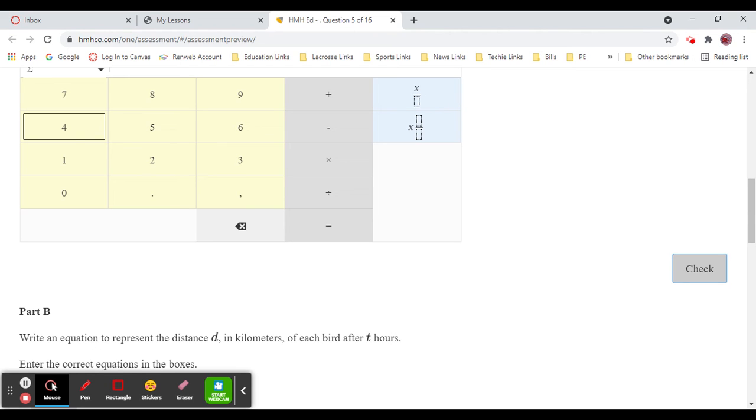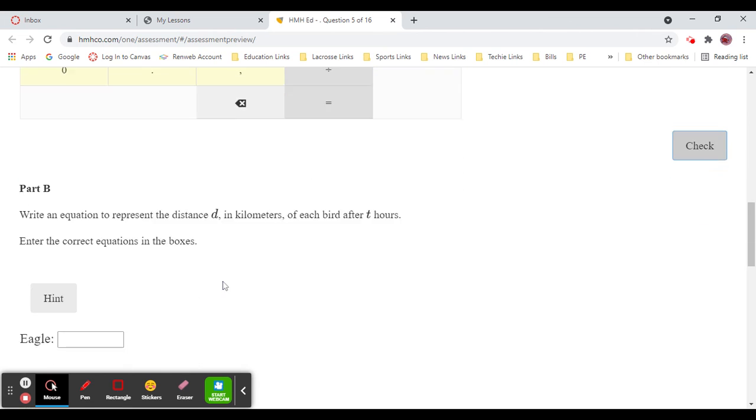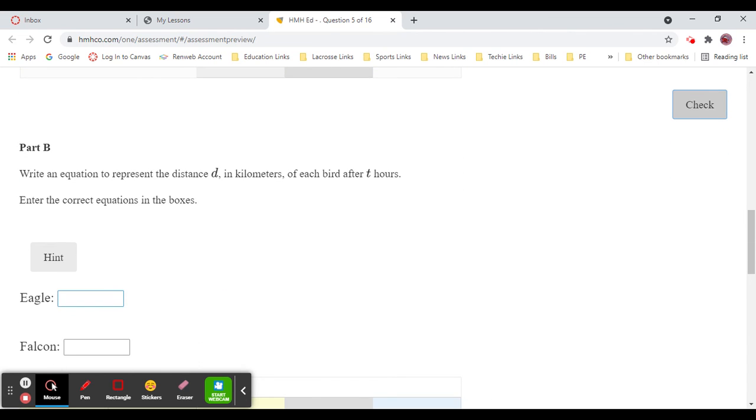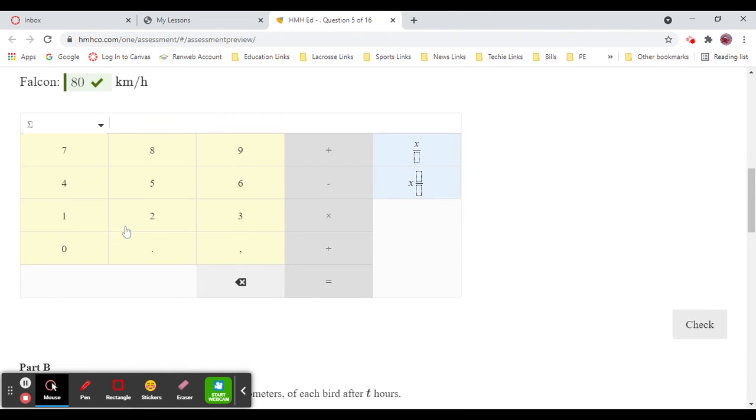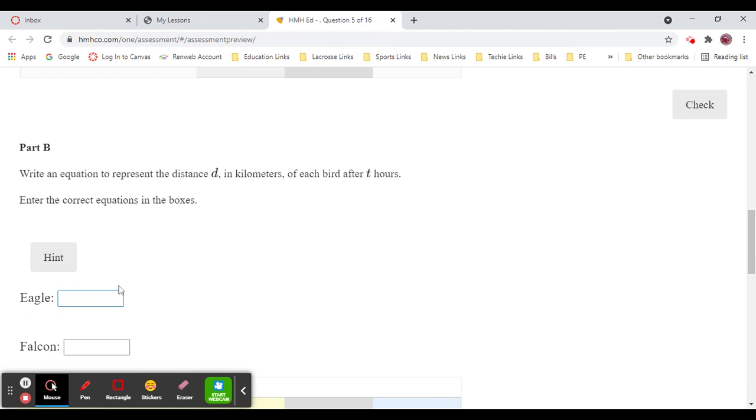Now, if you're reading your problem in your book, it wants to know how far away they'll be after 3 hours. In this case, I need to write my equations for them. So the eagle is 51.84, so D equals 51.84t.